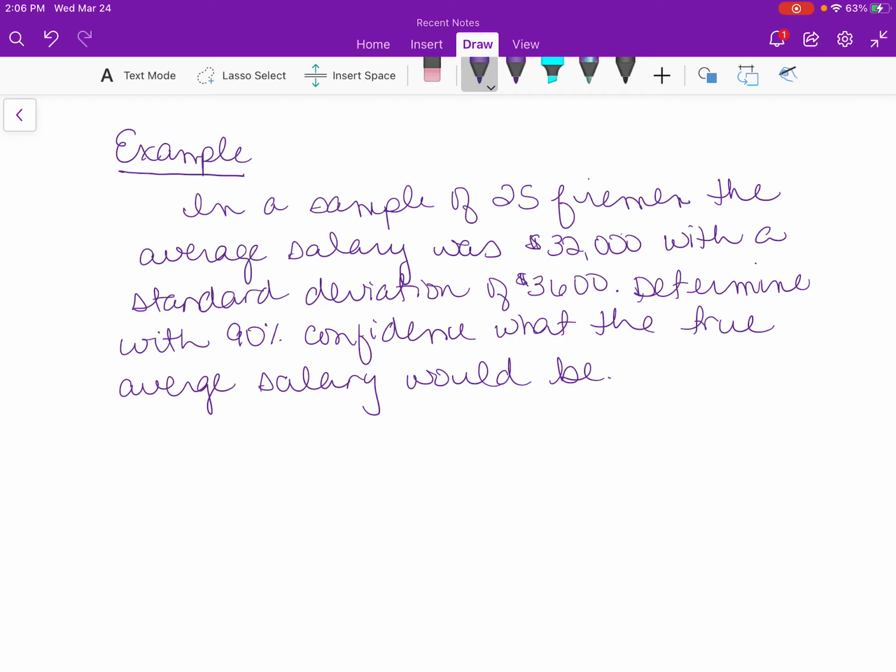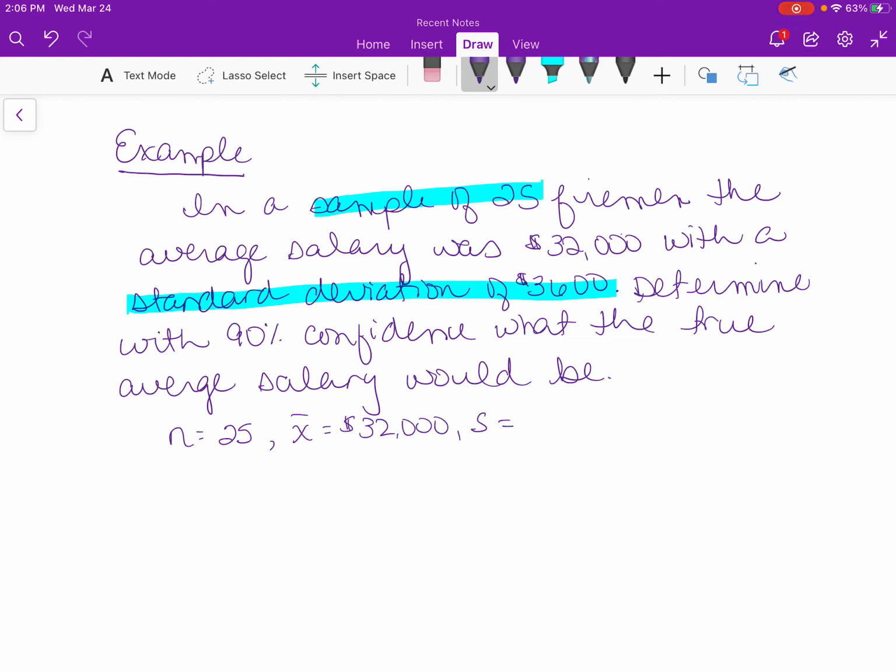So I want to point out here that the standard deviation of 3,600 in this problem is the standard deviation of the sample of 25 firemen's salaries. So in this case, we have n to be 25. We've got X bar, which is 32,000.